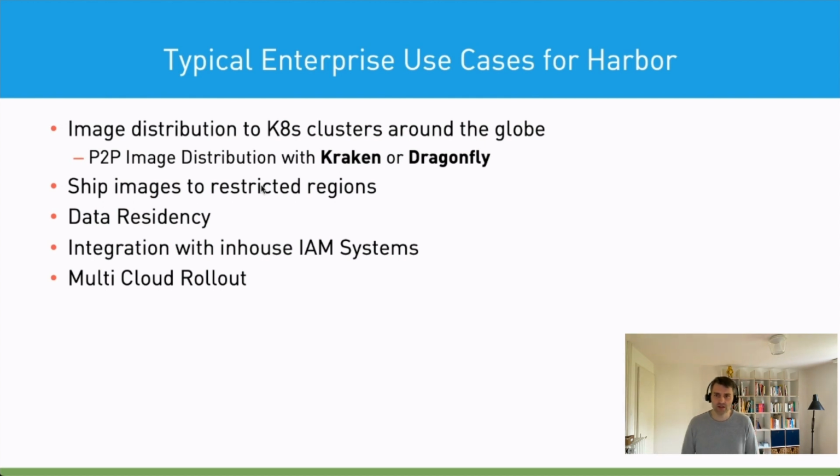The other use case for enterprises is IAM systems. If you want to integrate the registry with your IAM system, and you don't want to go the route over your cloud provider, or it's not possible with the cloud provider, Harbor is a good solution because it supports multiple IAM systems. And the last point is, of course, multi-cloud rollout.